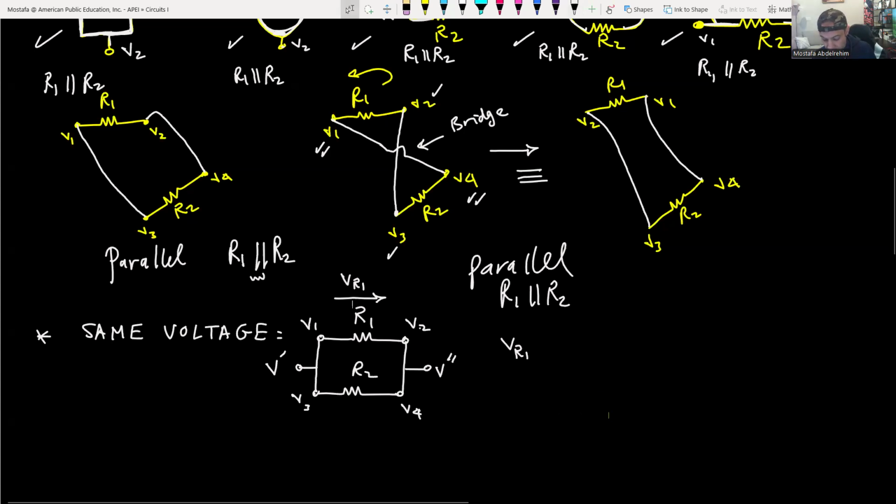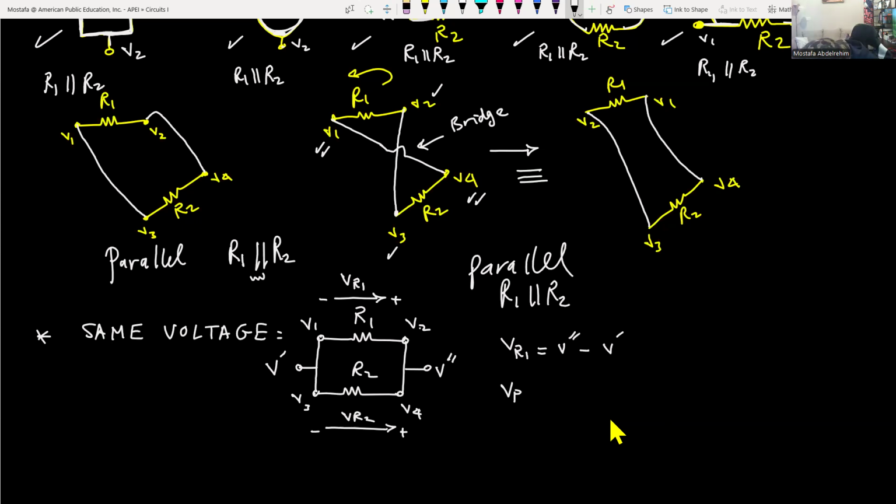As we will explain in the future, a voltage across the resistor can have a direction like that, and the head of the arrow is the positive terminal, and the tail of the arrow is the negative terminal. Head is positive, tail is negative. So VR1 is equal to the positive minus the negative, so it's equal to V double dash minus V dash.